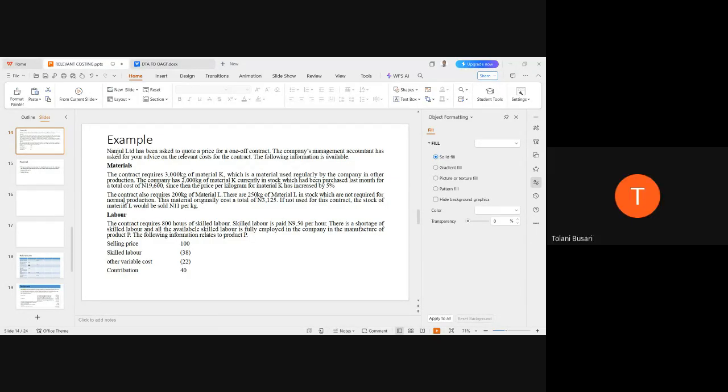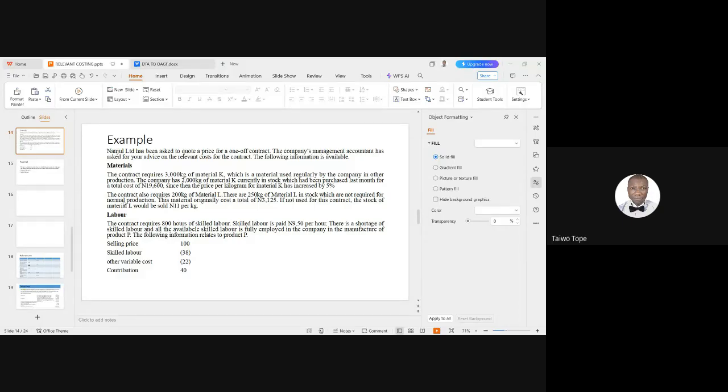So the total kg to be purchased at the current price is 3,000. That means 1,000 will serve as balance, then the remaining 2,000 for the restock. The 2,000 is not relevant because it's always in use.